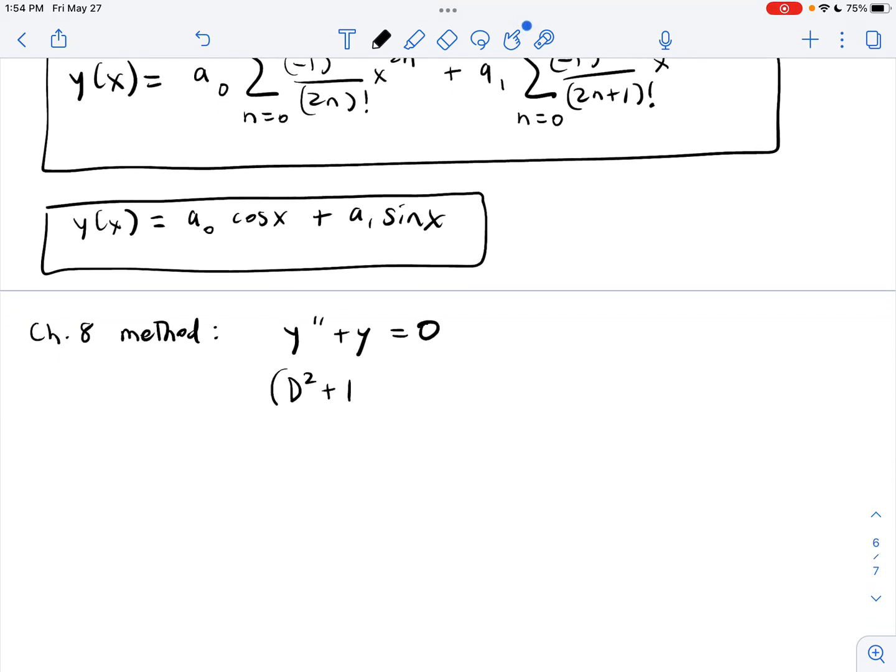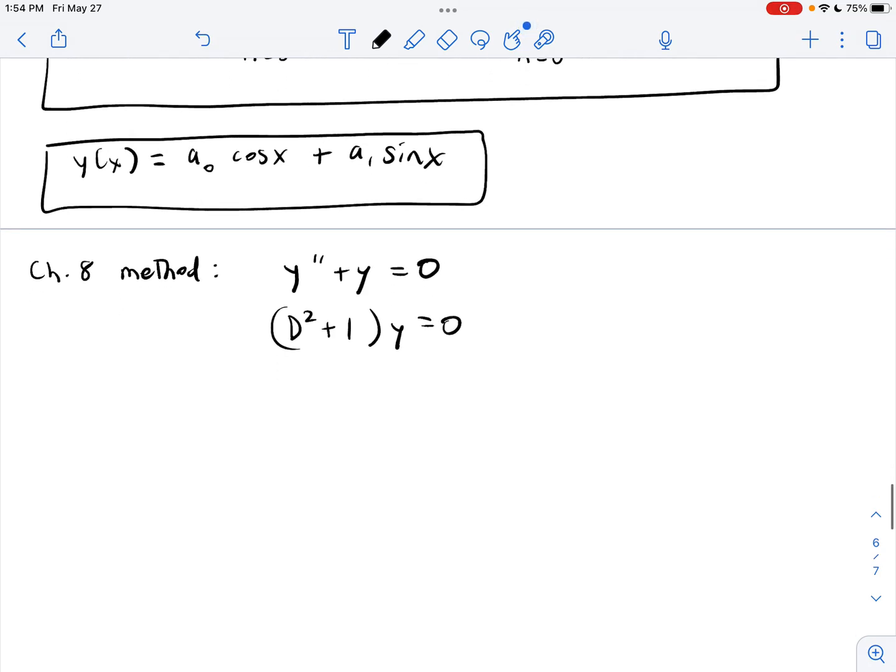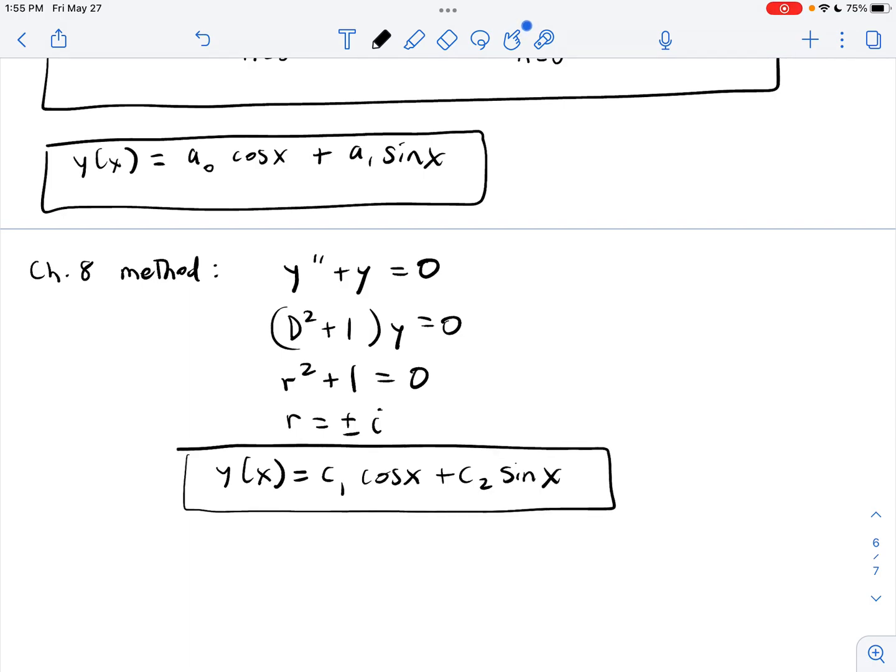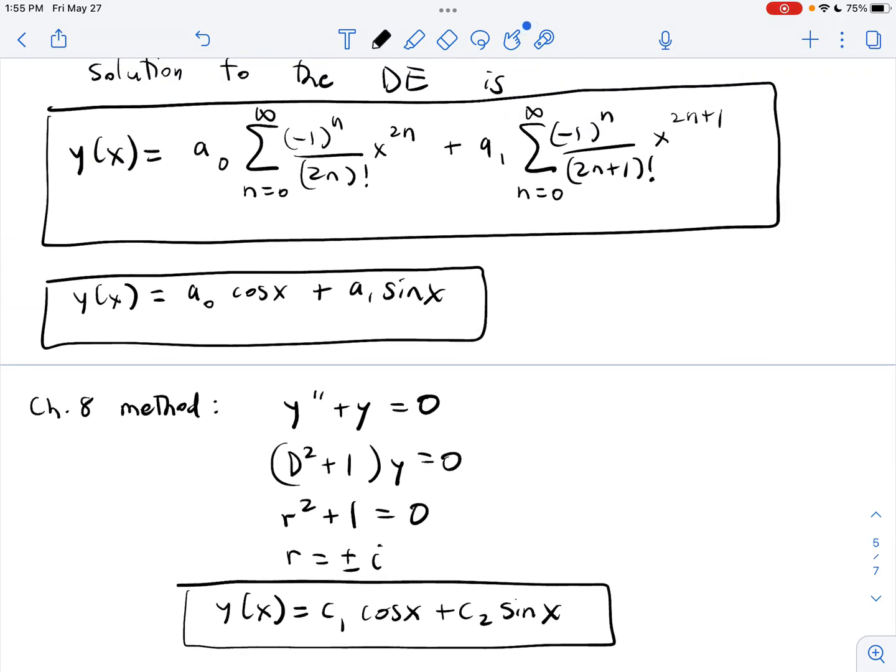So this means we have D squared plus 1 y equal to 0, which means r squared plus 1 is equal to 0. r is equal to plus or minus i. And so that gives us y of x is equal to c1 times cosine x plus c2 times sine of x. And notice that we get the exact same answer as we got using the series, because a naught and a1 are the same as our arbitrary constants for this last one. Pretty cool, right? We got the exact same answer using series instead.